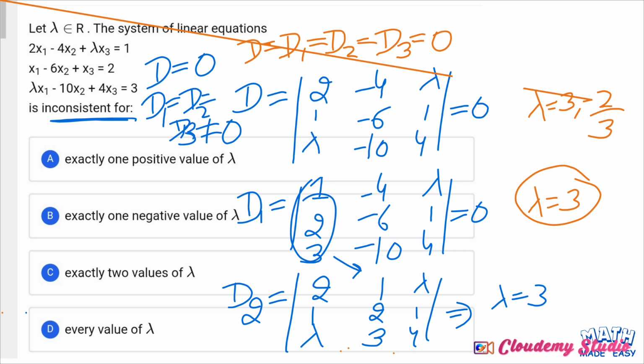So when lambda is minus 2/3, it is inconsistent. So exactly one negative value, because lambda equals minus 2/3 is coming.